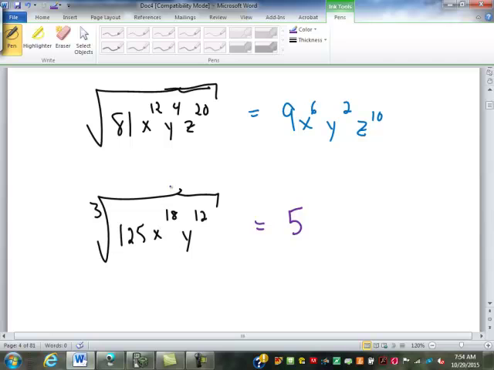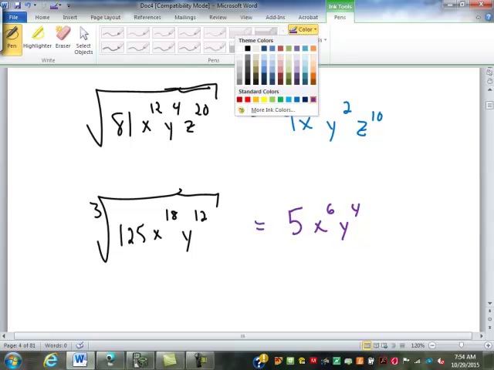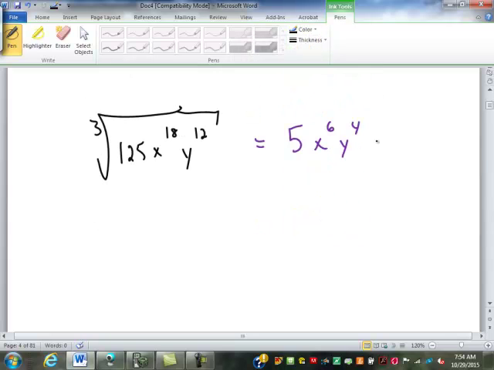How about x to the 18th? Divide by 3 now. X to the 6th. And y to the 4th. Divide by 3. It's okay.